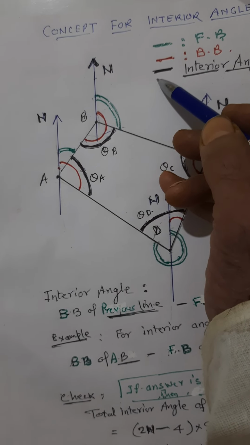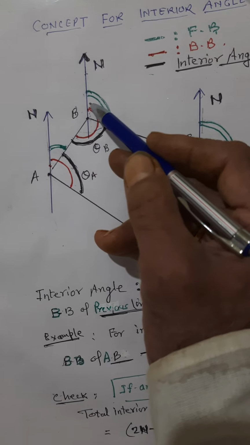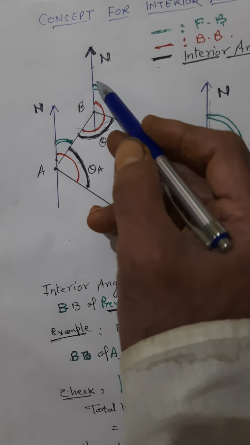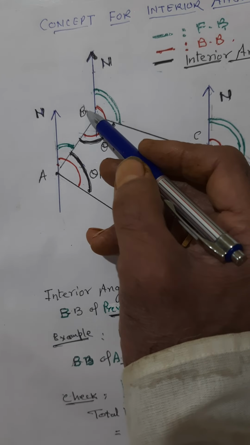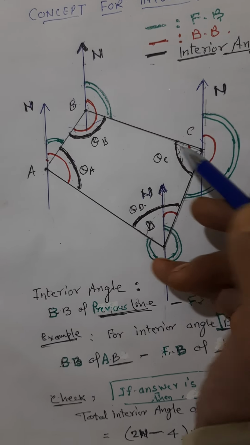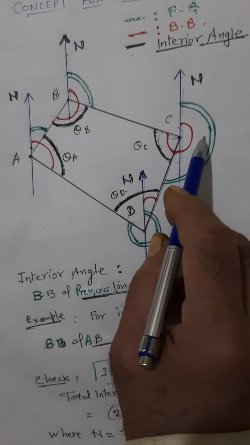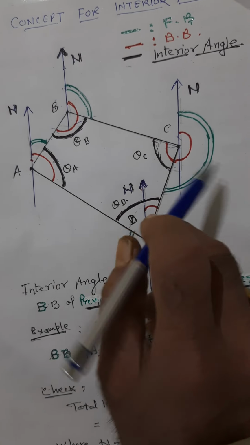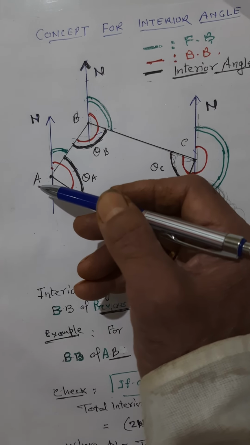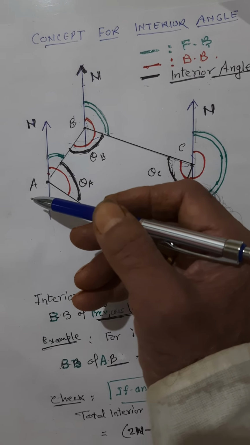I will repeat once again. This is the backsight of line AB and this is the foresight of line BC. We are proceeding toward the next station, with the backsight for the previous line.